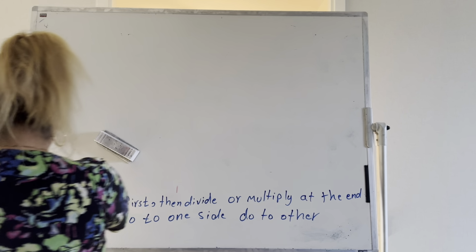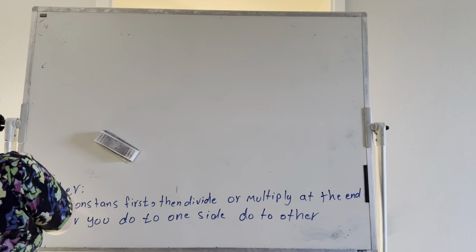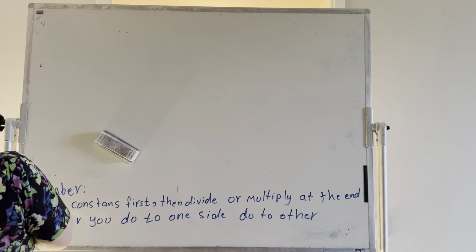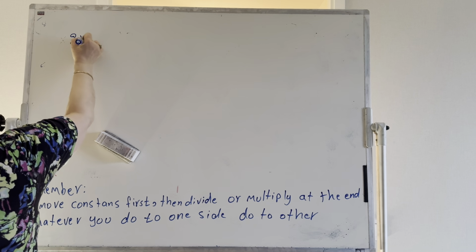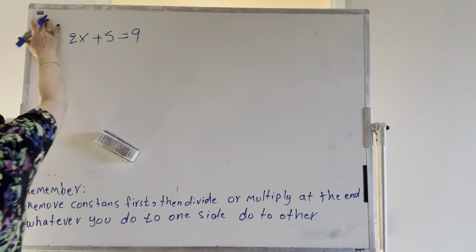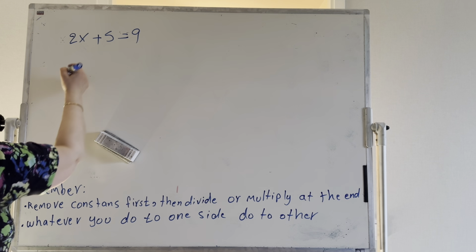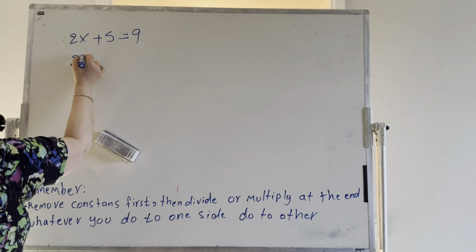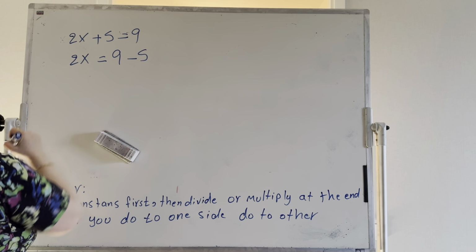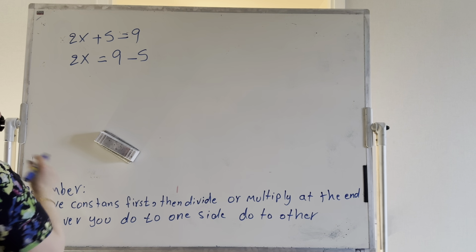For example, for the first example, 2x plus 5 equals 9, I will move 5 to the other side and directly change the sign, minus 5.